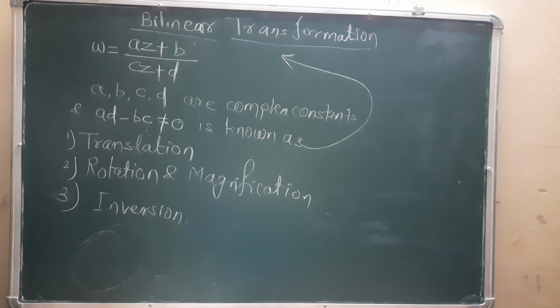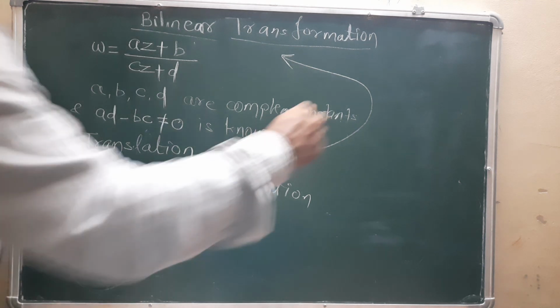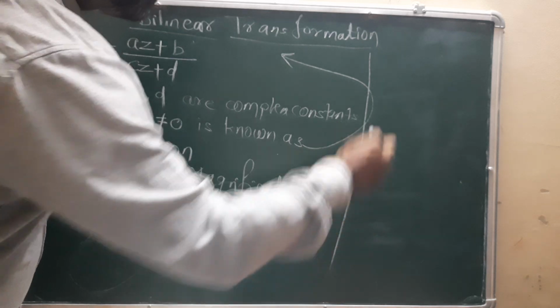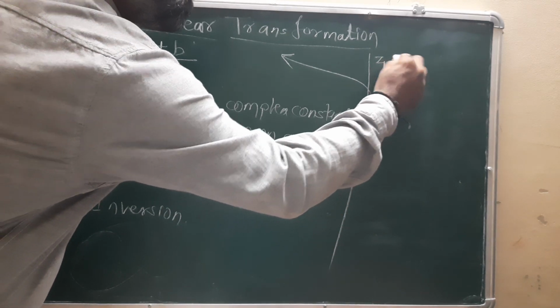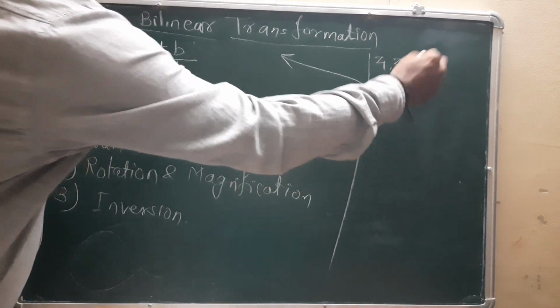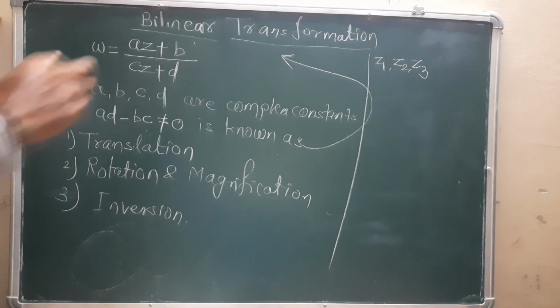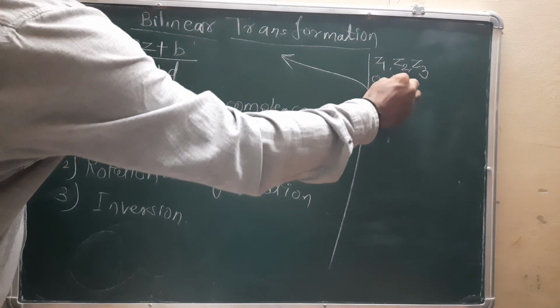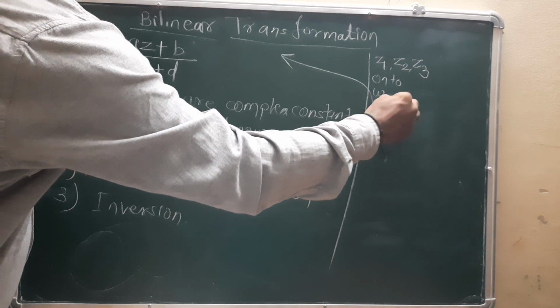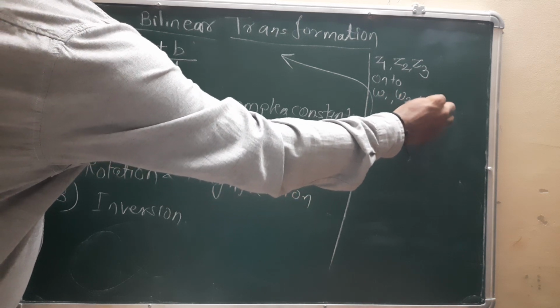A bilinear transformation can be uniquely determined if we know the three distinct points Z1, Z2, Z3 onto the 3 points W1, W2, W3.